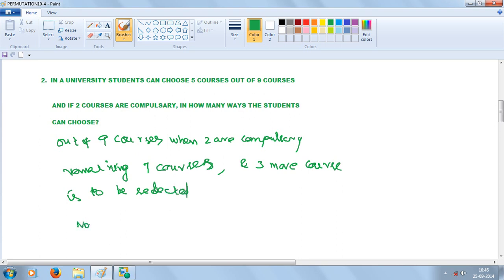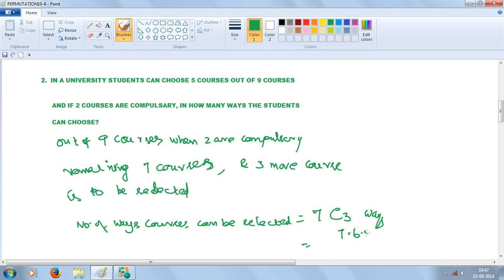So the number of ways courses can be selected is equal to 7C3, which is 7 multiplied by 6 multiplied by 5 divided by 3 multiplied by 2 multiplied by 1.